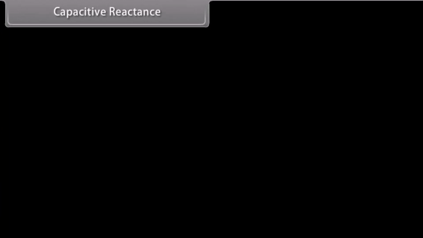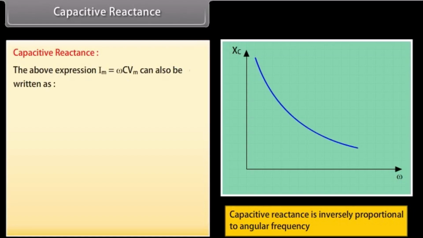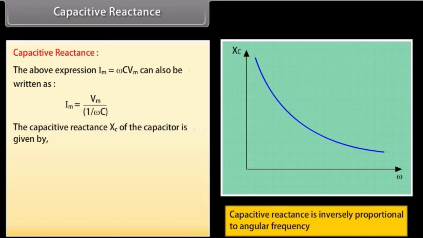Capacitive reactance. The above expression Im = ωC Vm can also be written as Im = Vm / (1/ωC). The capacitive reactance Xc of the capacitor is given by 1/ωC.